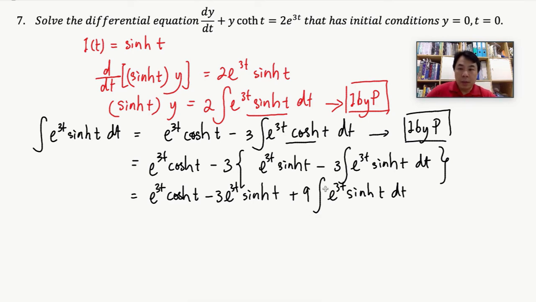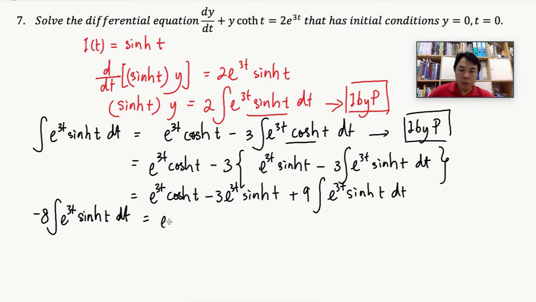And then of course my intention is to actually get e^3t sinh t, but I found that I do have both of these terms this side, so I can actually transfer this one over to the other side. I have myself an 8 e^3t sinh t dt.